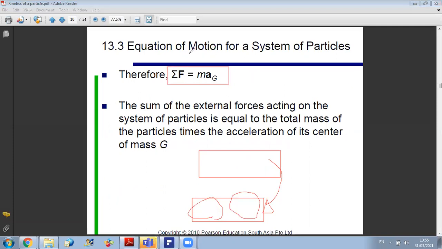Or I can also do it in parts, meaning I do the summation of the mass of each particle times the acceleration of each part. Sometimes this is easier to do. We will face systems and problems and you will see how to deal with them.